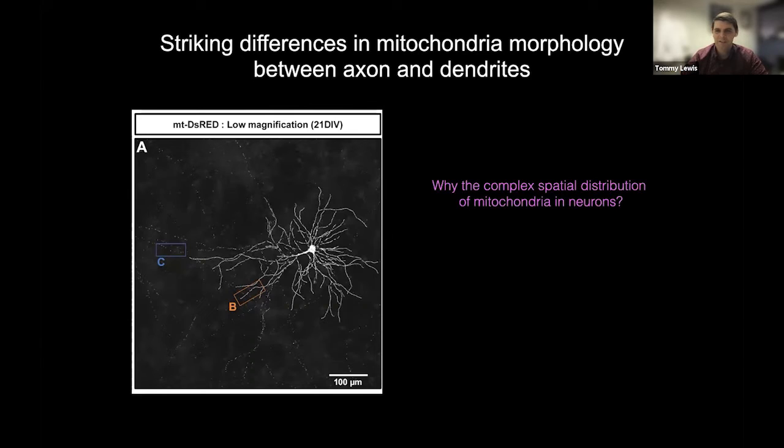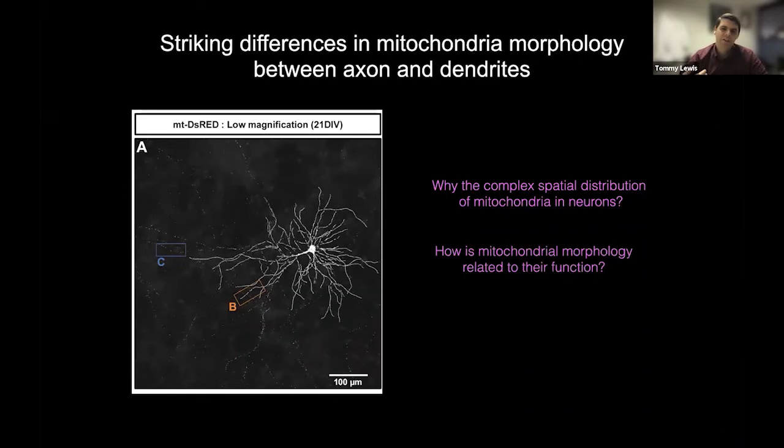Again, why do they need this? Do these mitochondria imbue some specific properties to the axonal or dendritic compartment that shapes their function? Or is it required because of energy production issues or something along those lines?